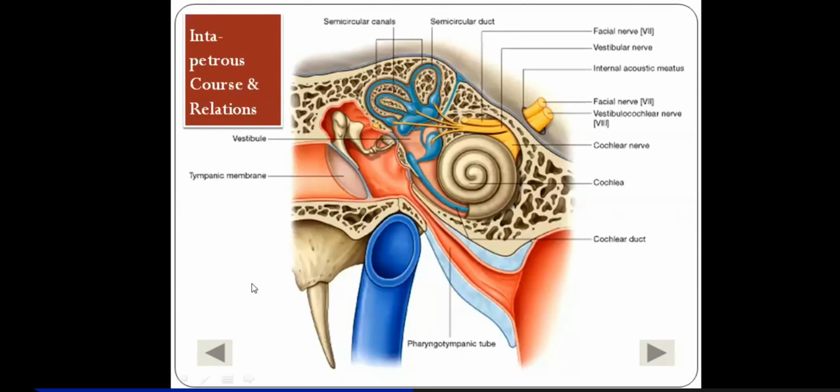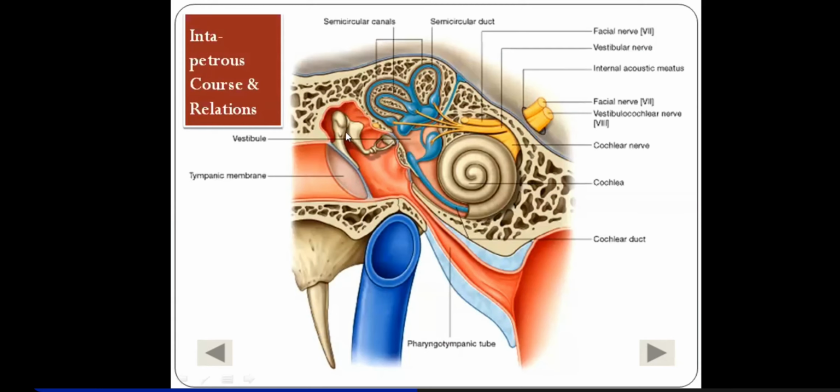We'll have more diagrams to check this. You can see this is a coronal section through the petrous temporal bone. Here you find the external auditory meatus and the tympanic membrane. This is the middle ear cavity. As I told you, the portion lying opposite to the tympanic membrane is called the tympanic cavity proper, and the portion extending above it is called the epitympanic recess.